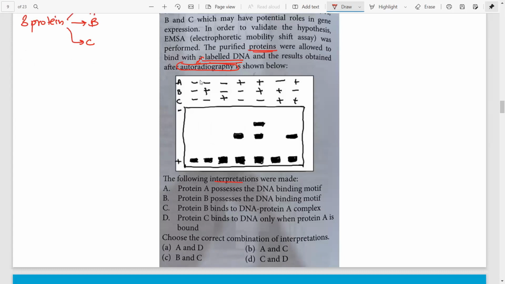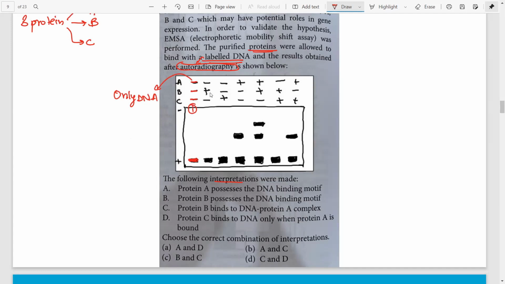So let us look at this autoradiograph. Now, first I want to try and explain to you what is in each lane, and then we'll go from there. So this is the first lane. In this lane, they did not add protein A, did not add protein B, did not add protein C. Then what did they add? Yes, only the DNA. And when there's only DNA, it travels to this distance, right?